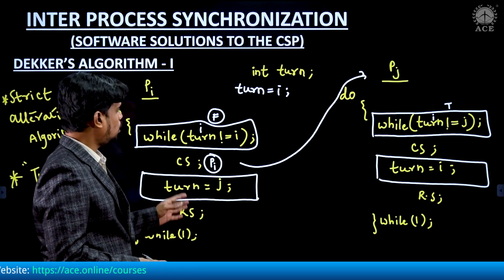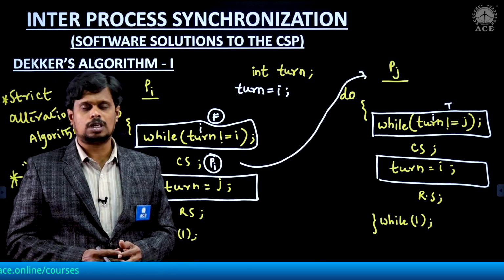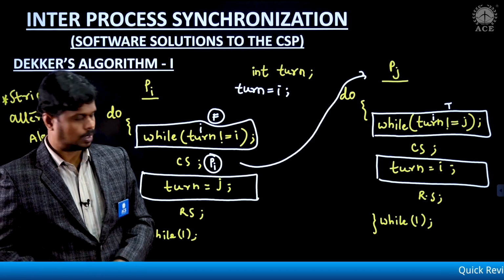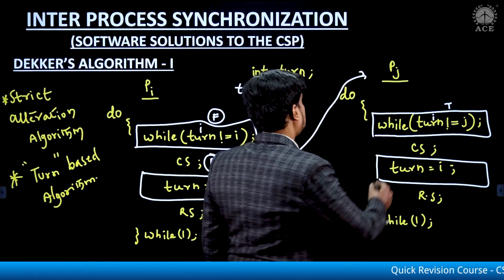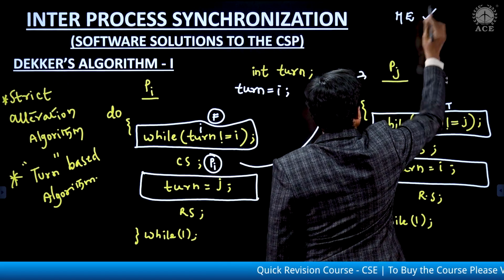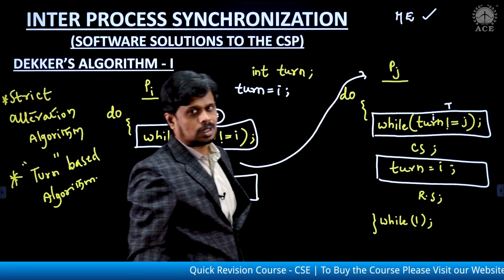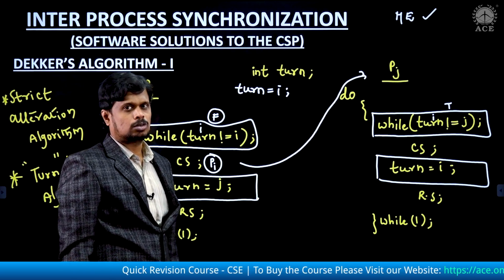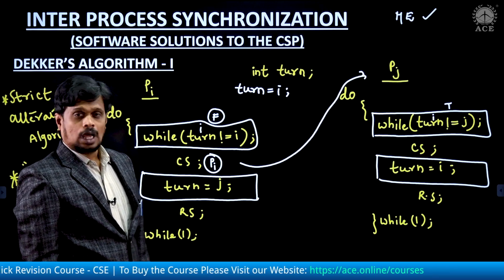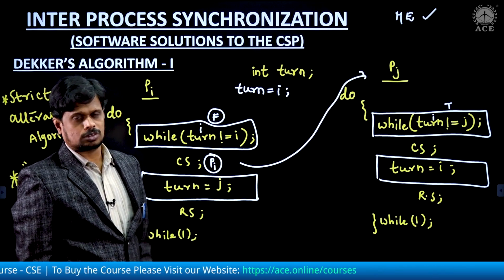This is the way you can say that mutual exclusion is satisfied by Dekker's algorithm 1. Among the two processes, only one is present in the critical section at any point of time, so we can say that mutual exclusion is satisfied. I hope you are clear with this mutual exclusion checking, right?